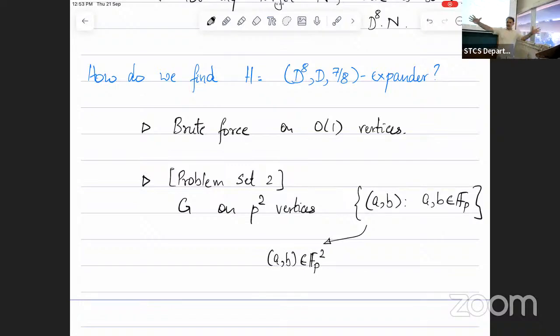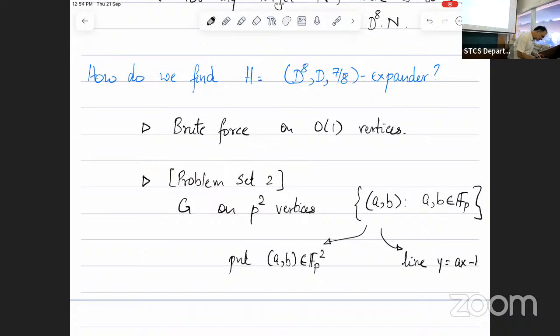That is, imagine the plane F_p squared, and a comma b as a point in that plane. And the second interpretation is that I'm going to think of this as a line y equals ax minus b. So the set of all points that satisfy this equation, y equals ax minus b. I want to think of a comma b as either the point or the line. There are two slightly different perspectives that you could have.